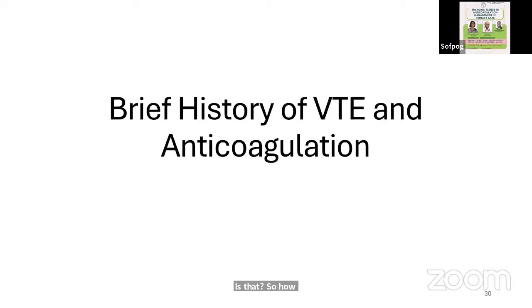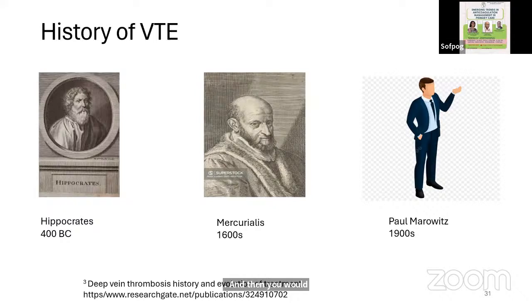All right, so we'll do a brief history of thrombosis. From what I read, in 400 BC, Hippocrates, father of medicine, had noticed that blood tends to congeal when outside the body.